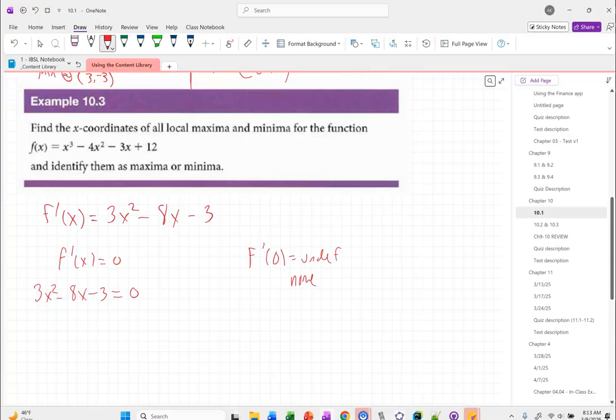Starts with a cube. Quadratic. What are the different ways we have to solve a quadratic equation? Quadratic formula, factoring, and graphing. If I'm on the IB exam, which one would I choose? Quadratic formula, probably, or maybe even just graph it, because time matters.